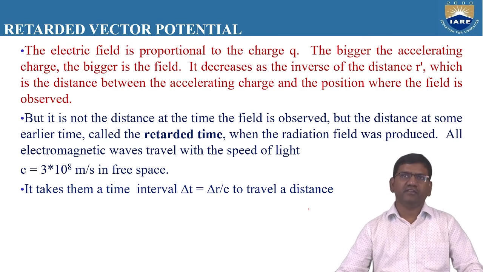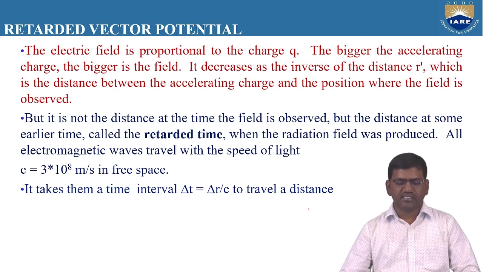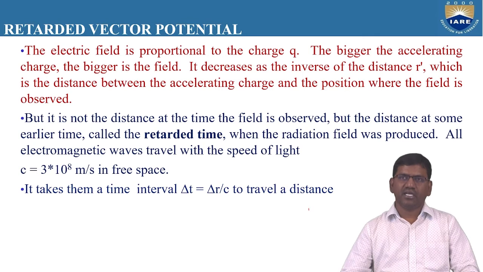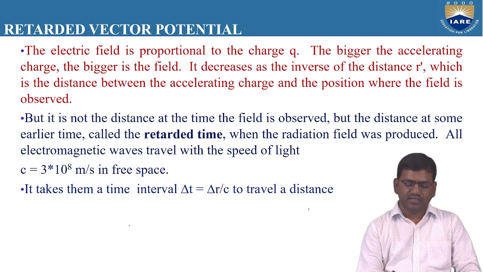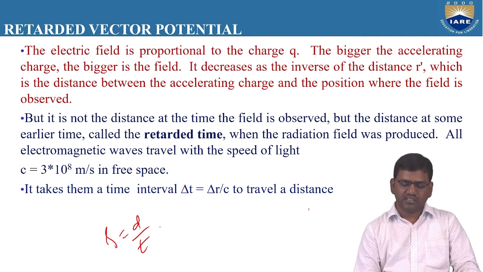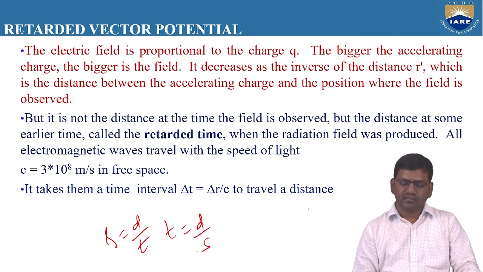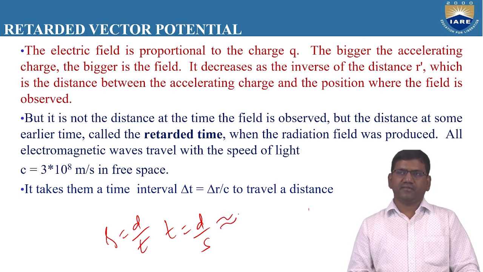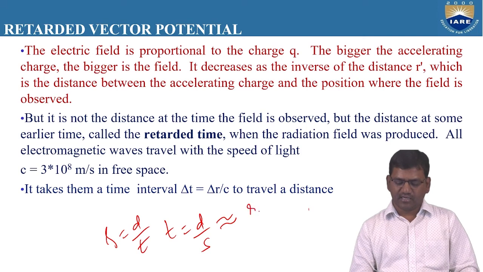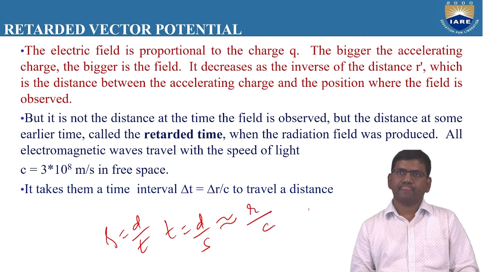All electromagnetic waves travel with the speed of light, that is c = 3 × 10^8 meters per second in free space. So it takes a time interval of t = r/c. We know that speed is equal to distance by time, and time is equal to distance by speed. So we can write distance as r and speed as c.